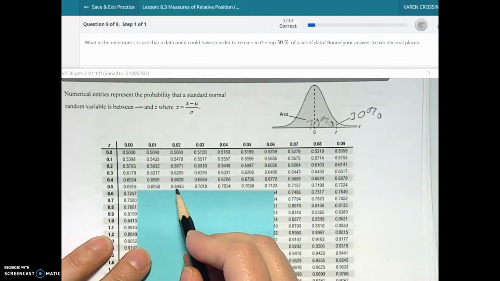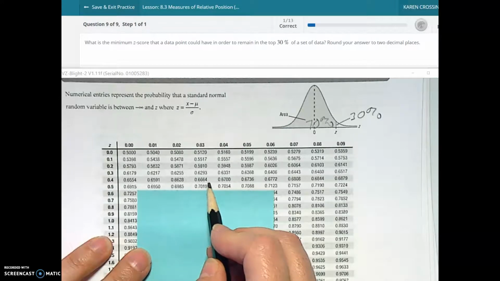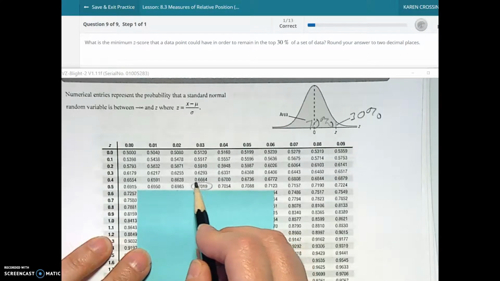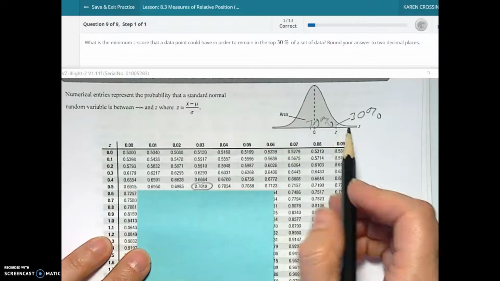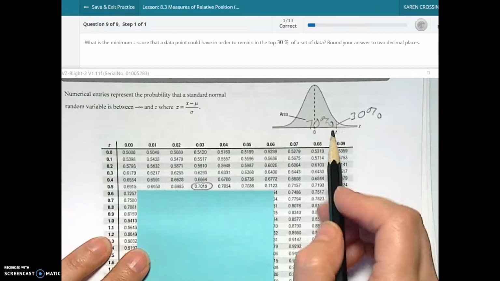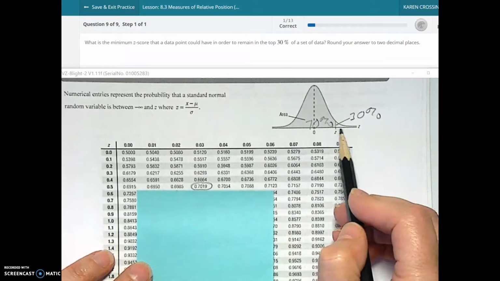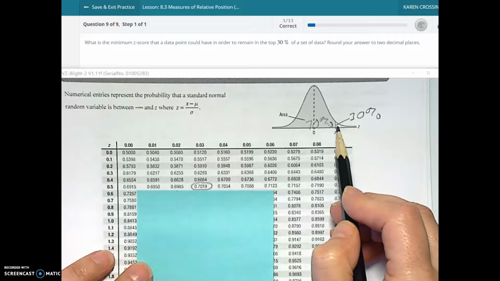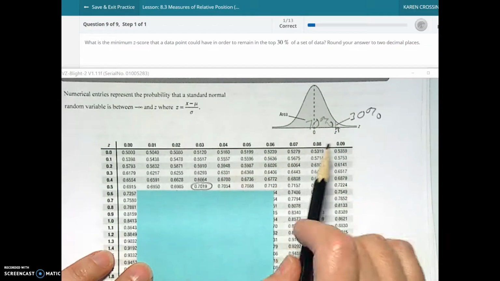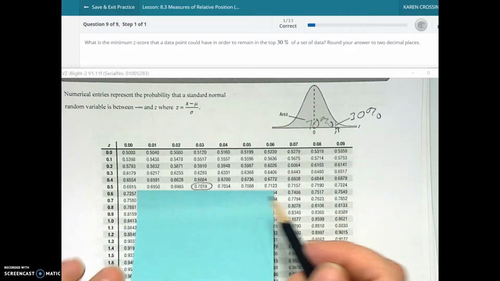So if we look here, 69.85 is almost there. 70.19 is the one that just barely bumps you into the 70th percentile or above. So that's the first place on here that we'd be into the top 30 percentile. But for a lot of people, it's easier to just look at the symmetry and to do it the other way.